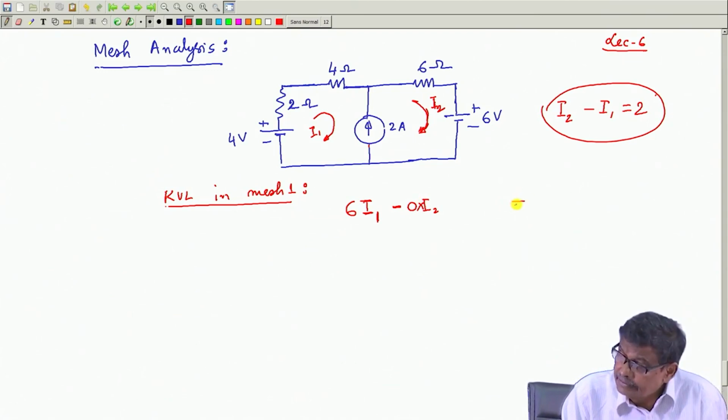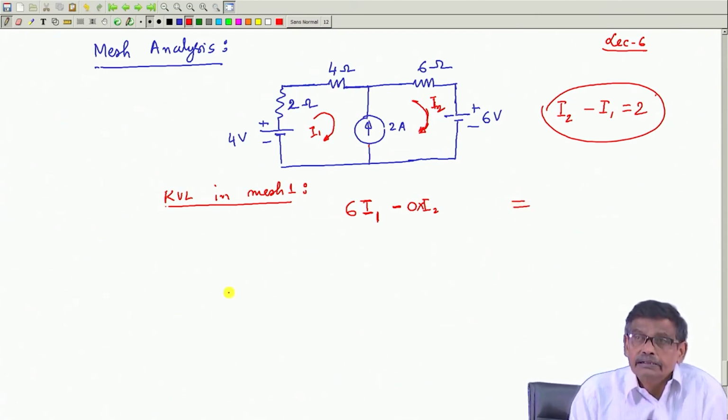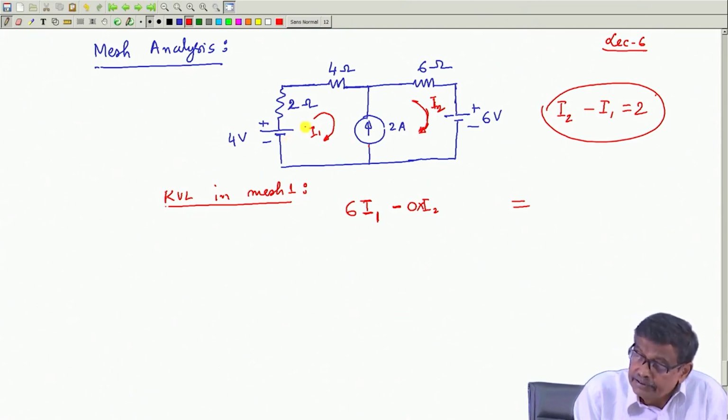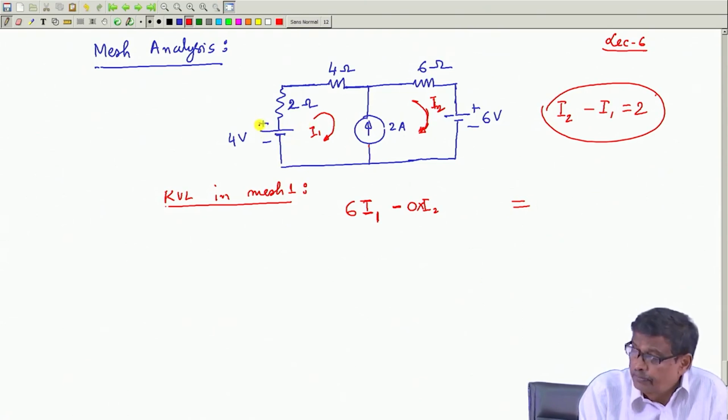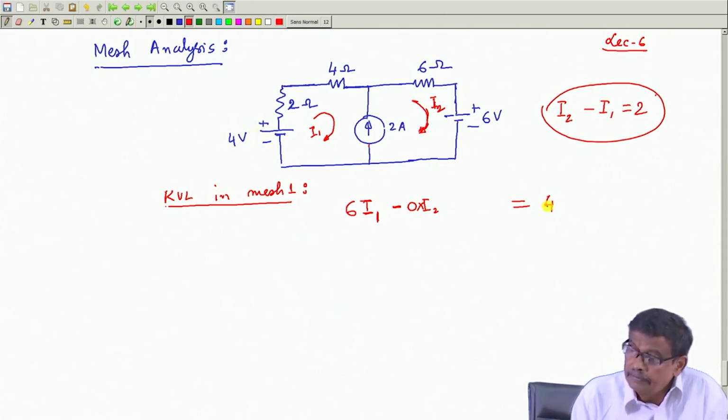And on the right hand side, I will write about the sources. What are the sources? 4 volt is present. So, on the right hand side, the direction of I 1 is in consonance with the polarity of this 4 volt. So, plus 4 volt will come there.